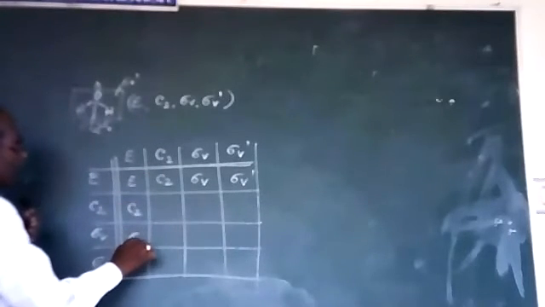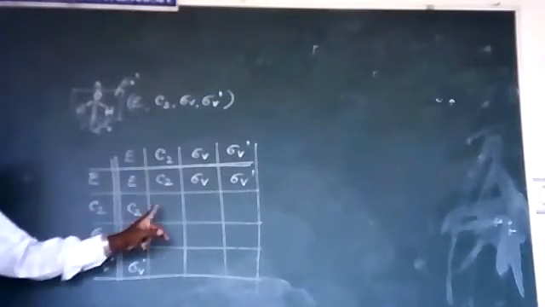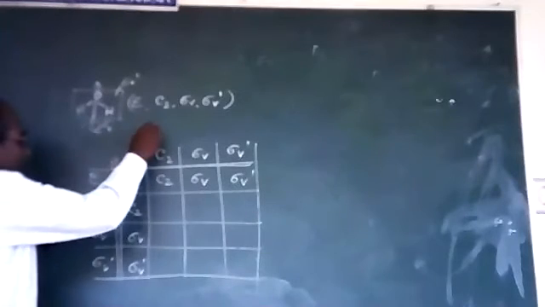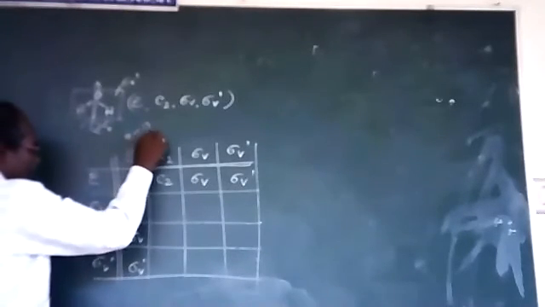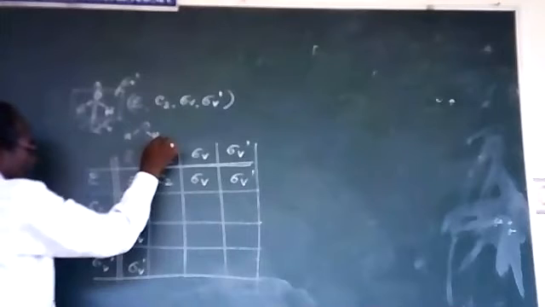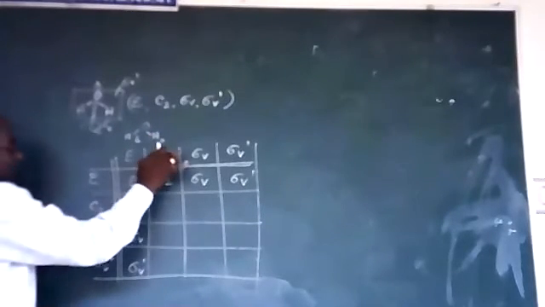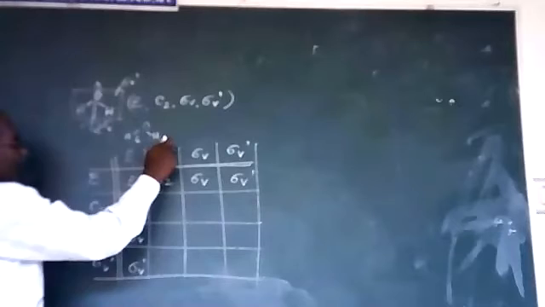Now look here, this place. I write it here. Take the water molecule. This is A, this is B. First write the operation in the column.